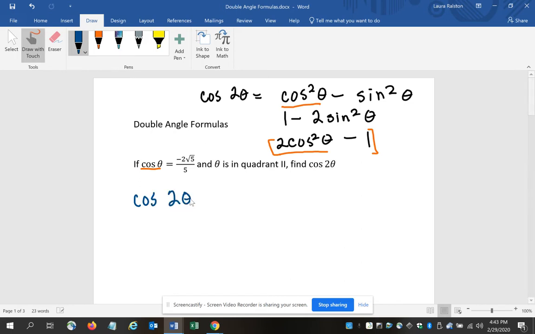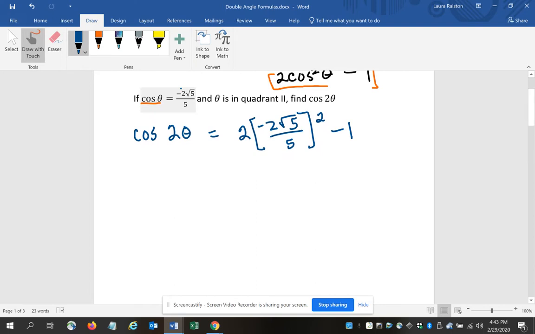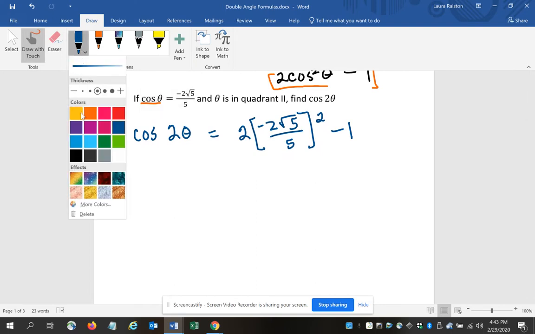So cosine 2 theta is 2 times -2 square root 5 over 5 squared minus 1. Okay, so then I need to do the math. We need to square the 2 square root 5 over 5.